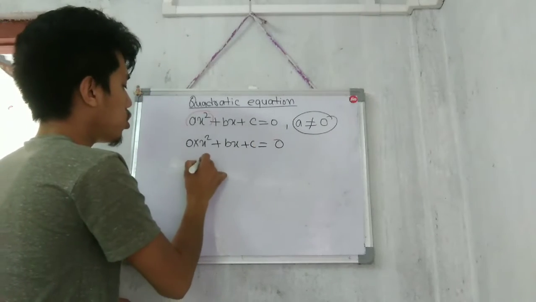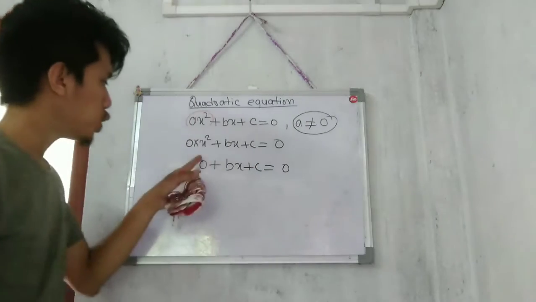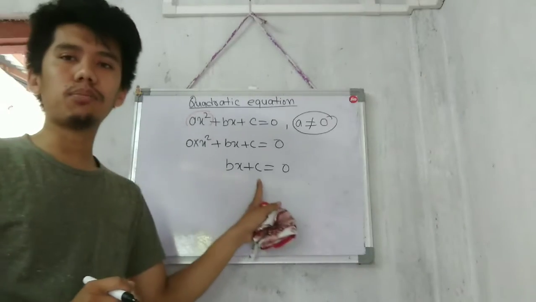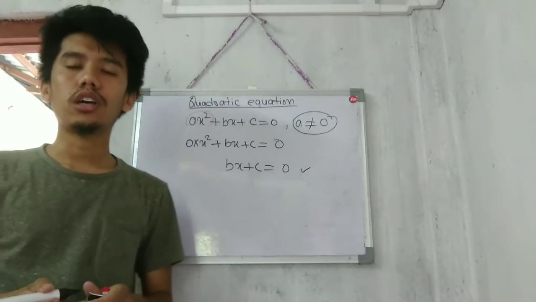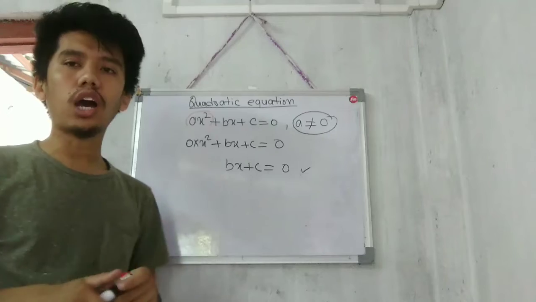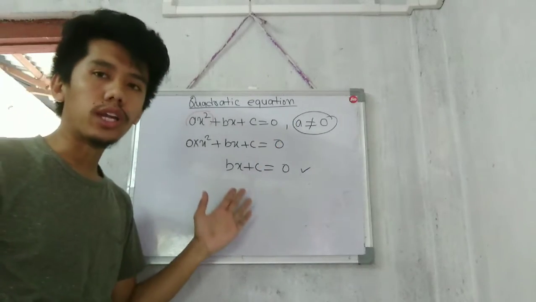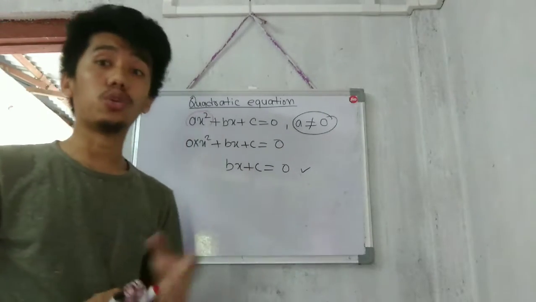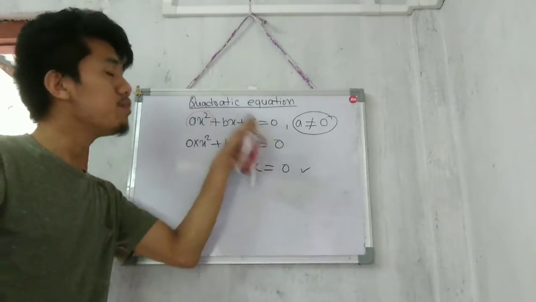Zero times x square means nothing, so in the end we will get bx plus c equal to 0, and bx plus c equal to 0 is a form of linear equation. So if we allow a to be 0, we will not get a quadratic equation. That is why a must not be equal to 0. But b may be 0, no matter, or c may also be 0.